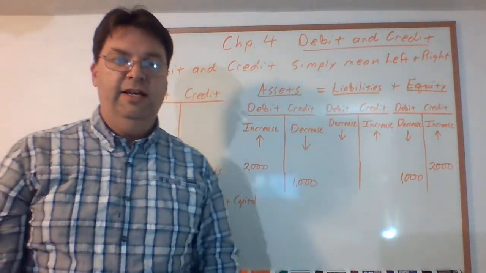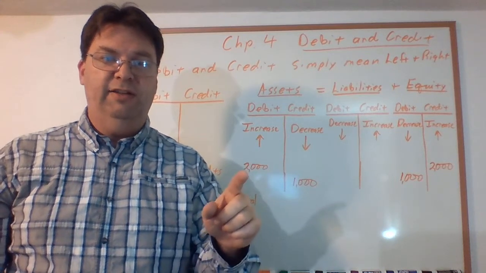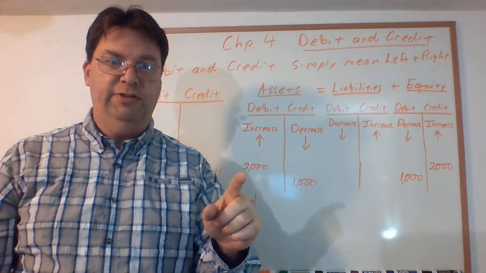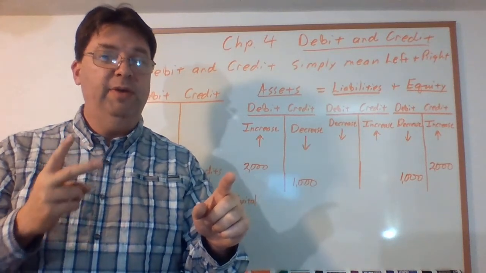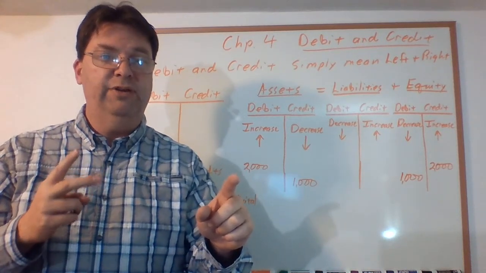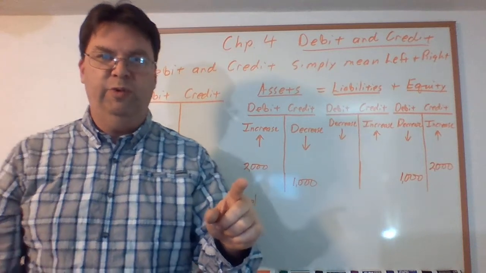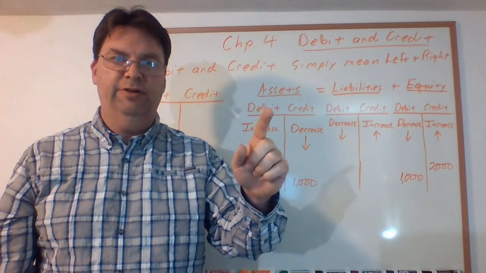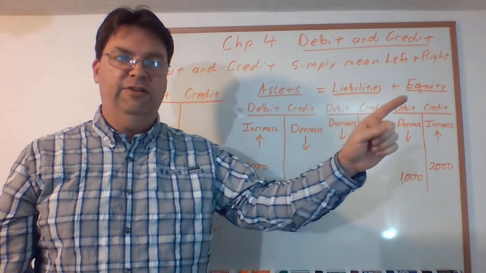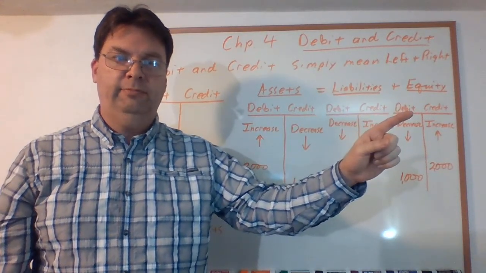So if we put $2,000 into our checking account in this first example here, remember we always have to have a minimum of 2 entries. This is double entry accounting. So we know that if we just add money to our bank account, that's going to increase an asset. That's also going to increase owner's equity.